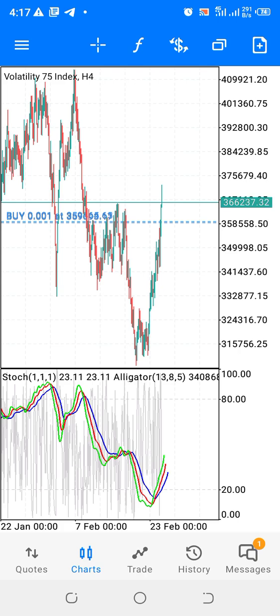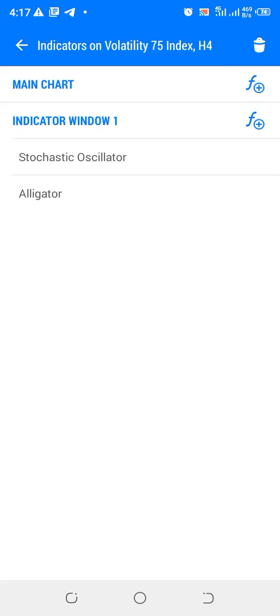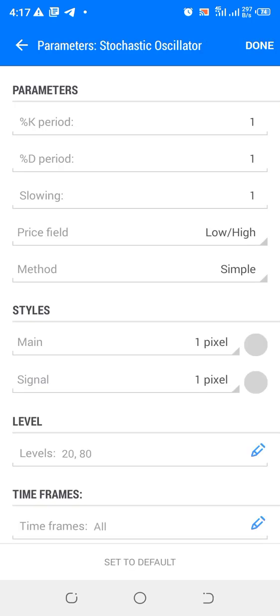As you can see, there is an F above there, so we want to set stochastic. In the main window, we are not going to touch anything. First of all, we are going to set the indicator window, and we start with stochastic. It's already set, so I'll just show you the parameters. The K period is 1, the D period is 1, and the slowing is 1.